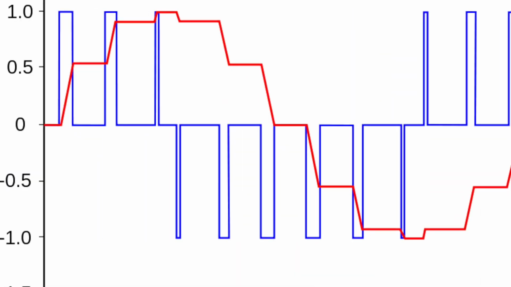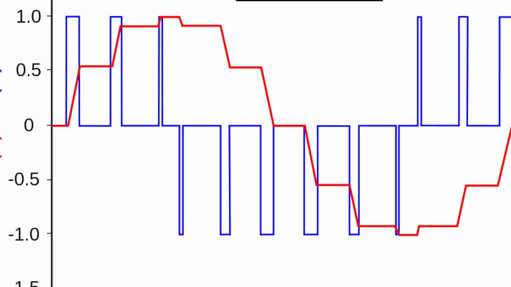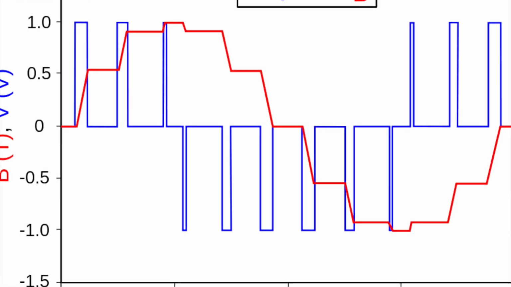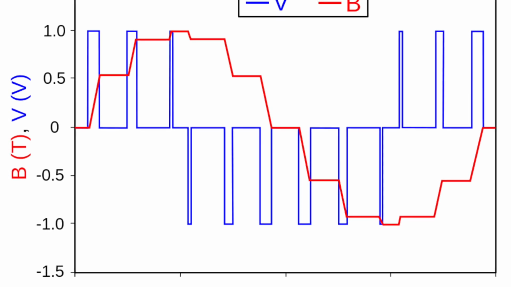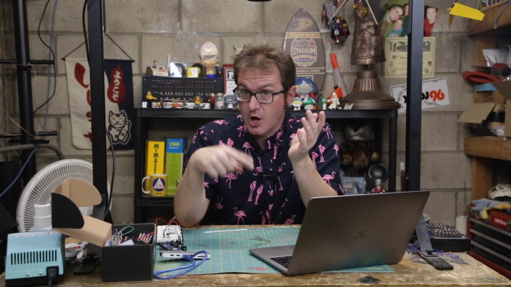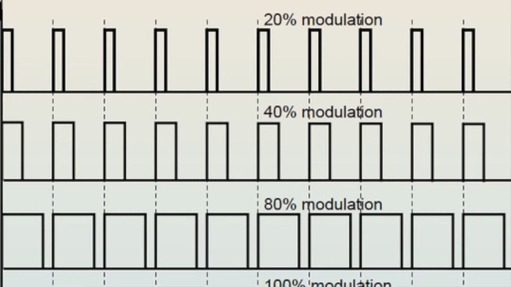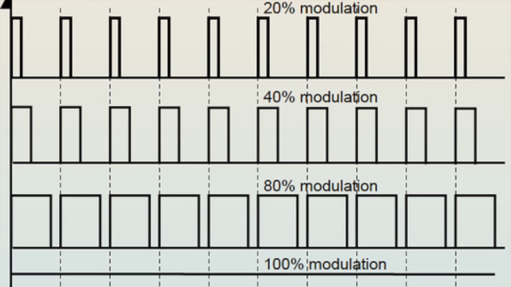And what this on-off pattern does is it sort of simulates all of the various voltages between full on and full off by changing the amount of time that that signal is switched on. So if it's 100% on, it's the full 5 volts, and if it's 100% off, it's 0.